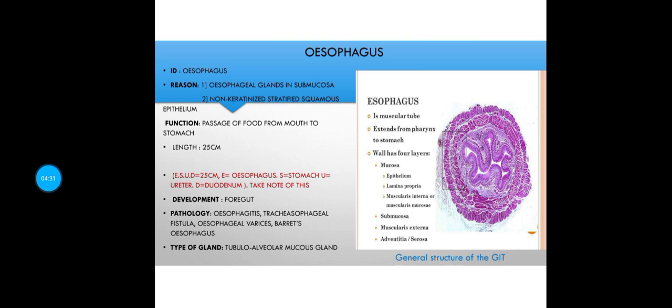Generally, the gastrointestinal tract has 4 layers. It's structured in 4 layers, and these 4 layers form the basic structure where the differences in the different parts of the digestive system are seen.